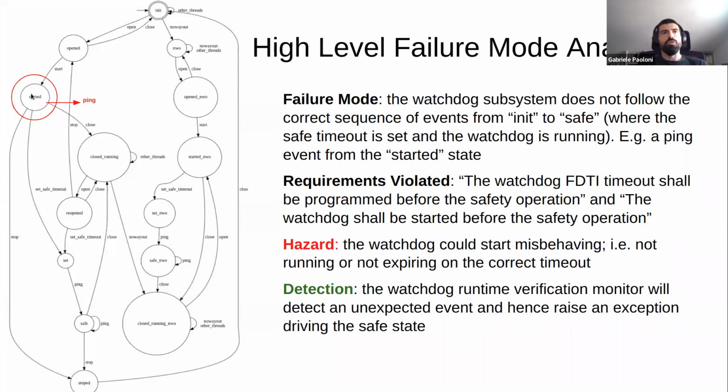So what if there is a spurious event, like a ping, for example, happening from the started state? In this regard, the requirements that are violated are that the Watchdog FDTI timeout shall be programmed before the safety operation, and the Watchdog shall be started before the safety operation.